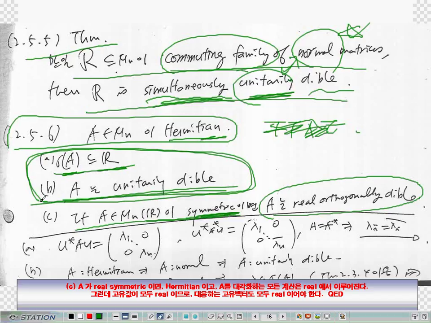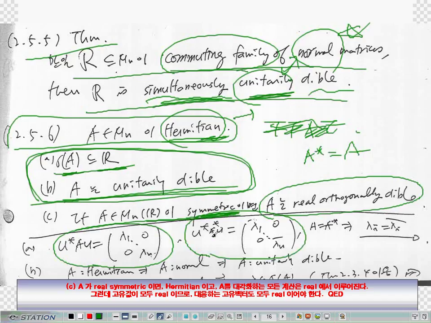First, if A is a Hermitian matrix, which means A star is equal to A, then since it's Hermitian, it is a normal matrix. So it is unitarily diagonalizable like this, isn't it? Since it is diagonalizable, we can think of the eigenvalues of A star. That's just the conjugate of these. But since it's Hermitian, they should be the same.